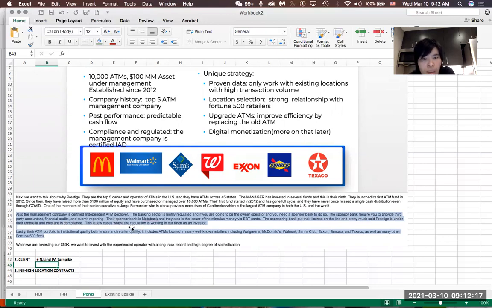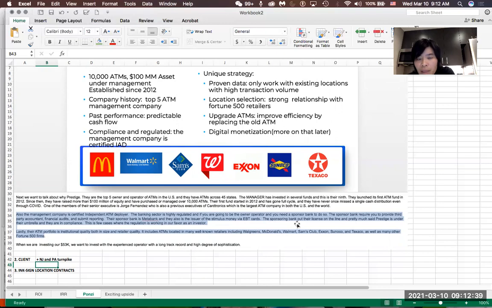So in this case, Prestige's sponsor bank is Meta Bank. They are also the issuer of stimulus packages through the EBT card, which is a big thing right now. After COVID, a lot of government stimulus is actually sent out through this EBT card.